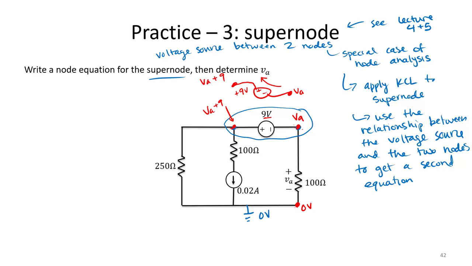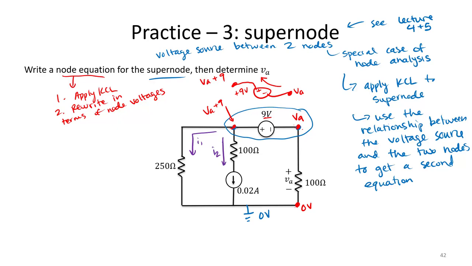So let's go ahead and try this. Our first step is to write a node equation for that supernode. Then we want to find VA. To write our node equation, we need to first apply Kirchhoff's current law, and then rewrite in terms of our node voltages. Here I'm just going to assume some currents: I1, I2, and I3.